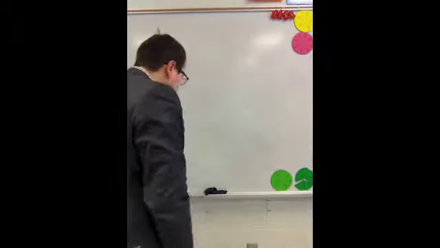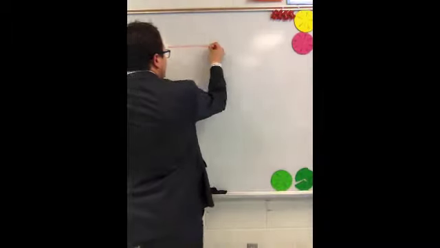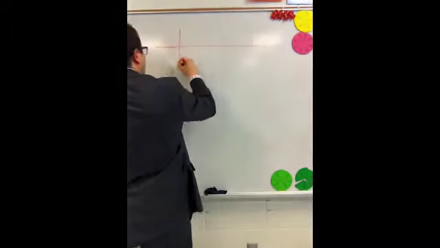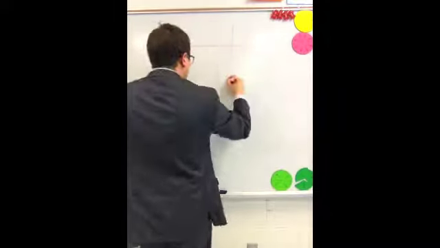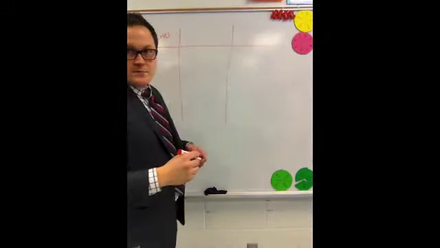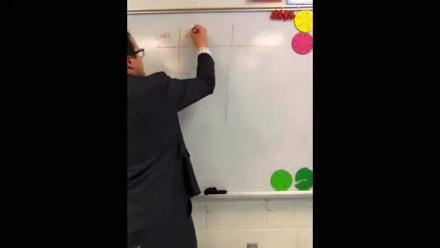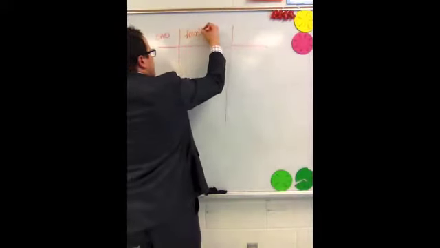Try this example with me, and it's actually number 1, part A on your homework, the very first one. So, if we look at the place value chart, we have ones over here, ones in this column. We have tenths in this column, and we have hundreds.